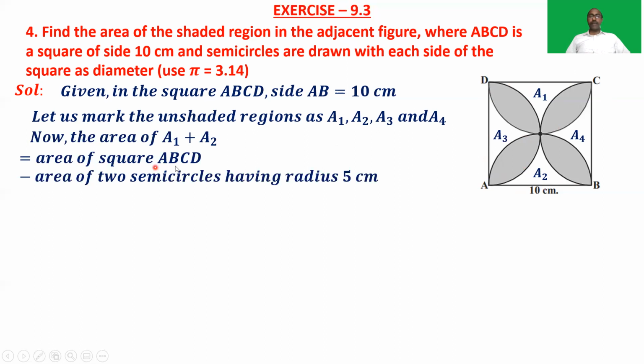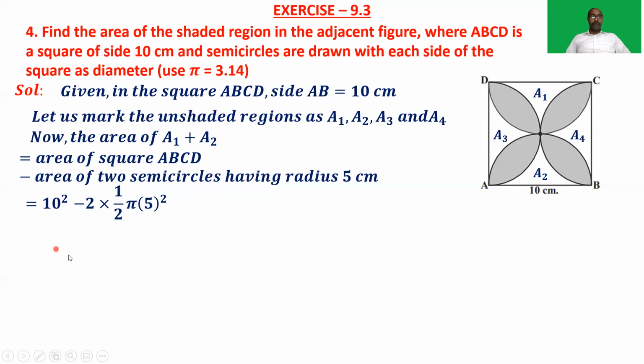And we have the area of square ABCD is 10 squared. And the area of two semicircles is 2 into half pi r squared. We know that the area of a circle is pi r squared, so the area of a semicircle is half pi r squared. So the area of square ABCD is 10 squared minus 2 into, as we are taking two semicircles, 2 times the area of each semicircle, that is half pi r squared.